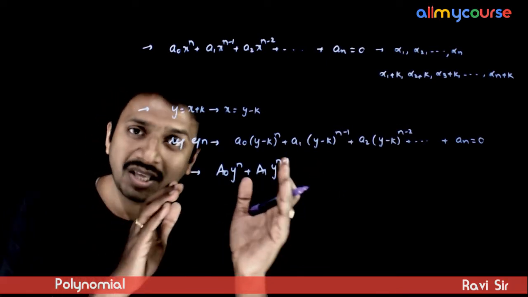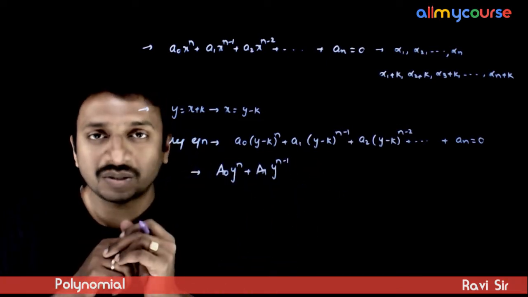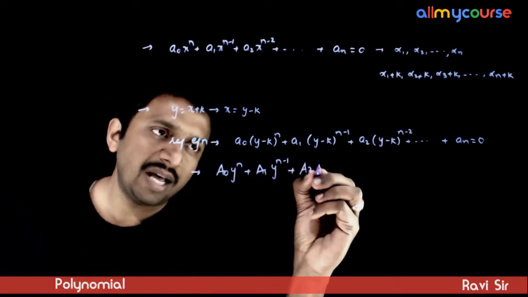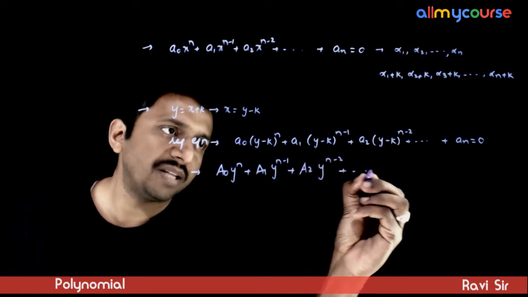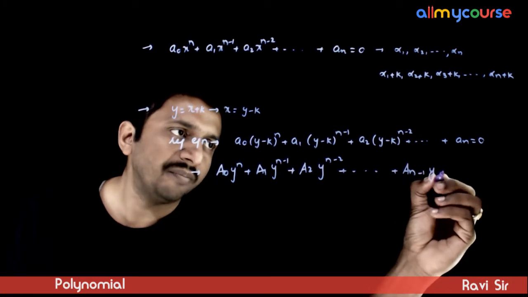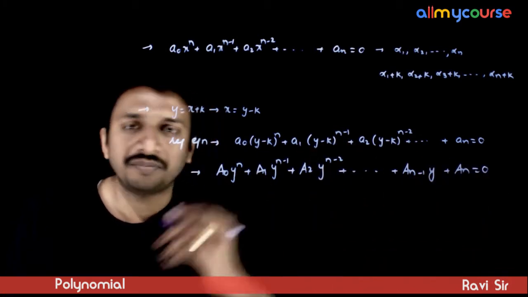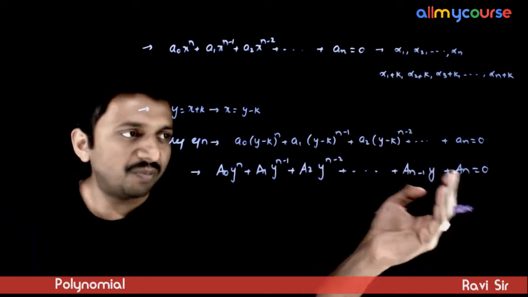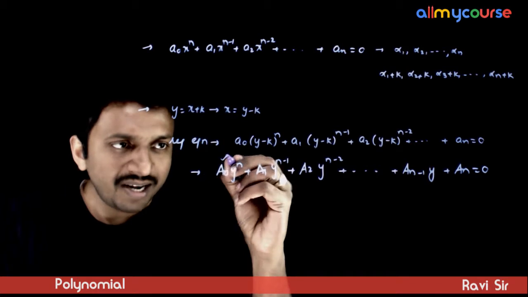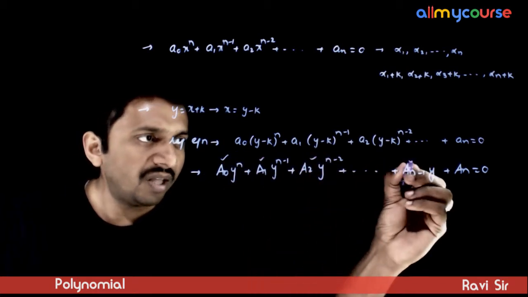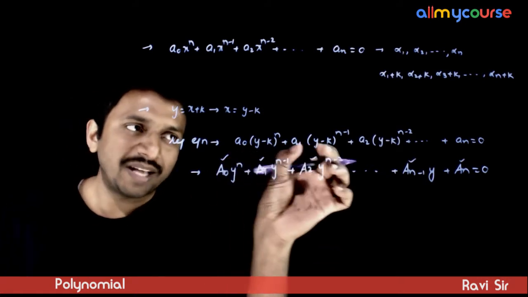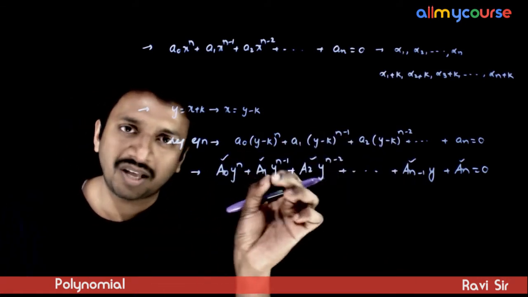I have collected all the coefficients corresponding to y^(n-1) and the corresponding coefficient is capital A1, plus A2 y^(n-2) plus so on up to A(n-1) y + An = 0. Now your aim is to find A0, A1, A2, A(n-1) and An. So usually you'll be asked to expand this to find A0, A1, and so on.